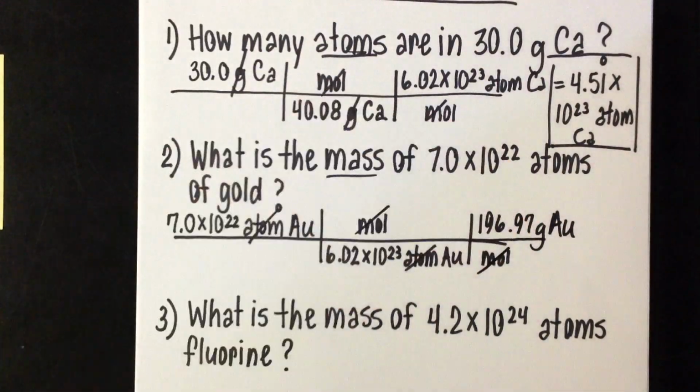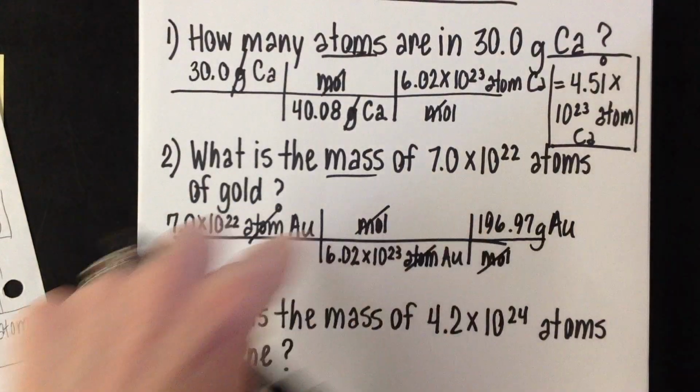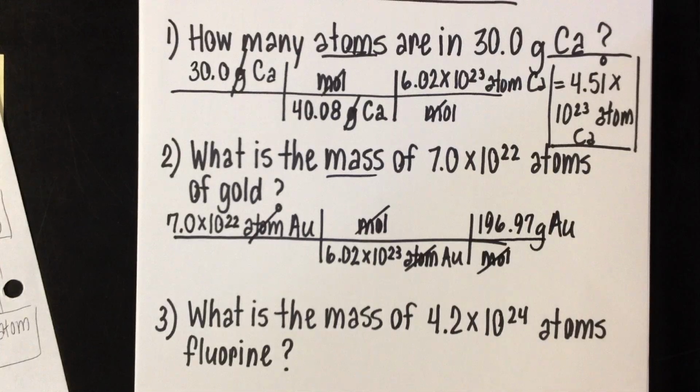Moles cancel. Now, the nice thing about this problem is, again, if you're a student that just wants to put everything in at once, you've got 2 numbers on the top you're going to multiply and you're going to divide it by the bottom. Just make sure you hit equals before you divide. So you're going to punch into your calculator 7.0 times 10 to the 22nd times 196.97.